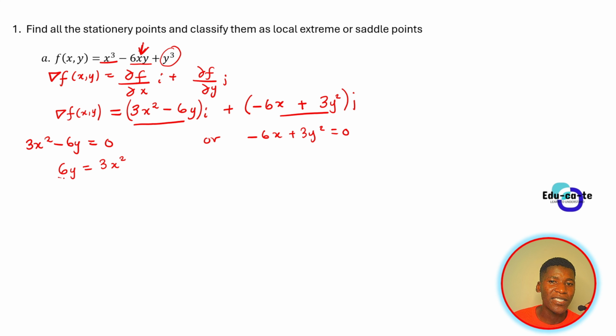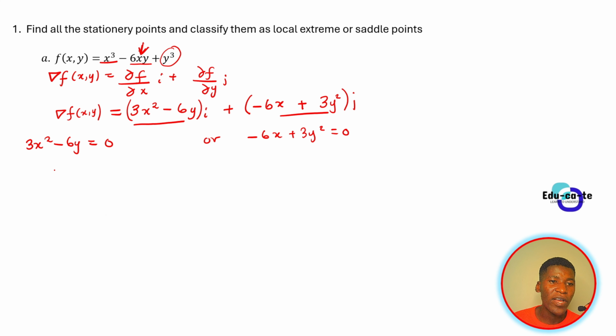We can also manipulate this by dividing by 2, and then this will be 3y is equal to 3 over 2 x squared, and then now you are just going to square both sides. Okay, but then it's fine, you apply whatever technique that you think of to solve here. So let's just try to make y the subject of the formula rather, so that this becomes easier.